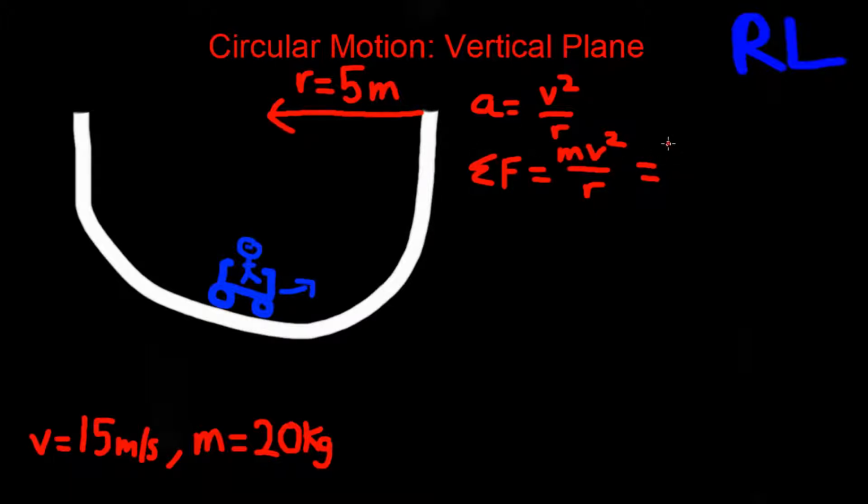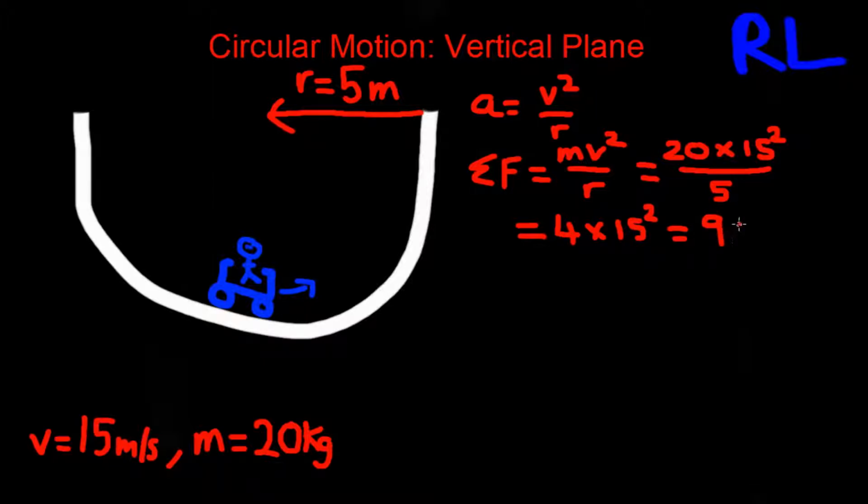So our net force is going to be 20 times 15 squared divided by 5. 20 divided by 5 is 4, so that means our net force is 4 times 15 squared. And 15 squared is 225, times 4 equals 900, so our net force must be 900 newtons.